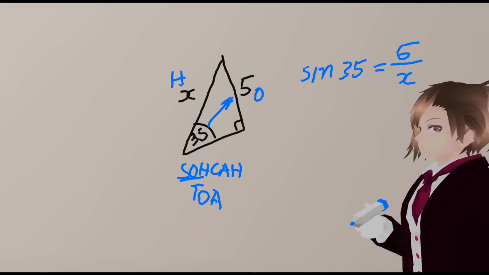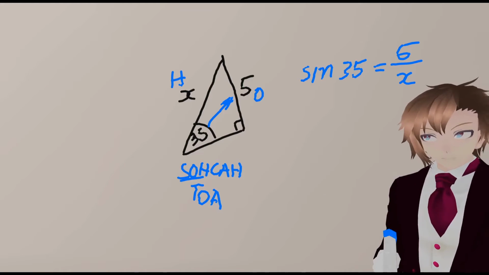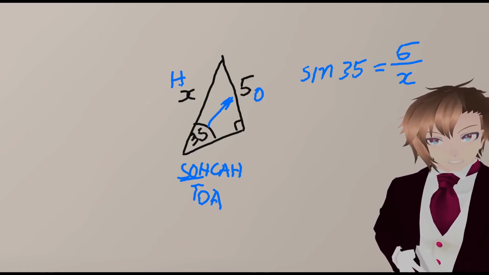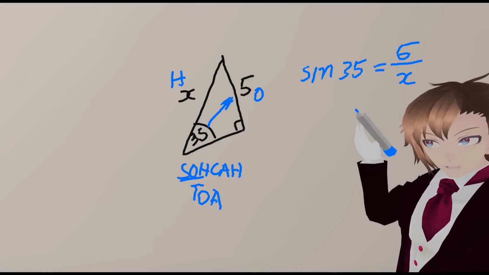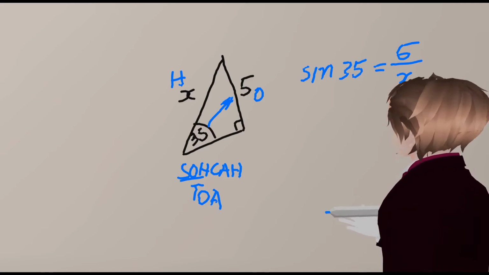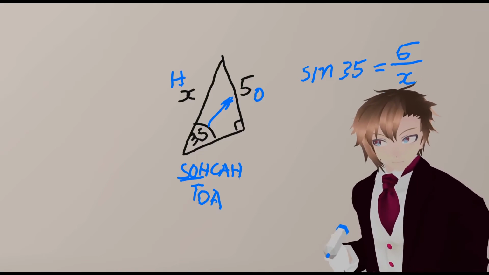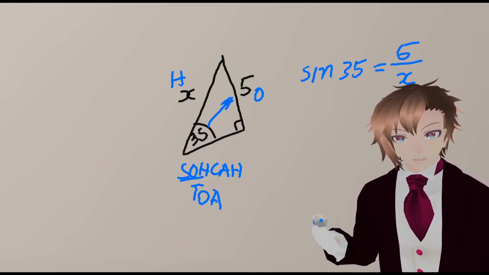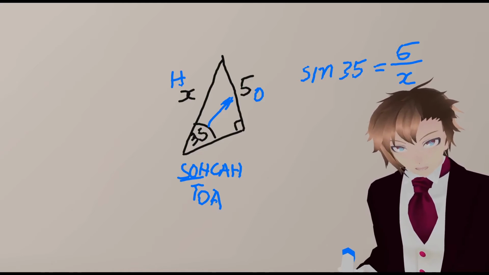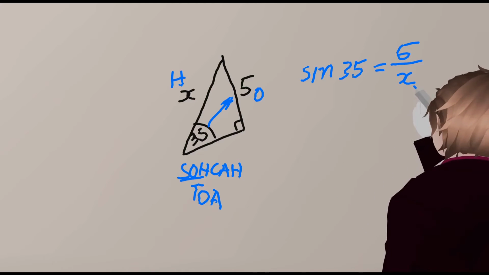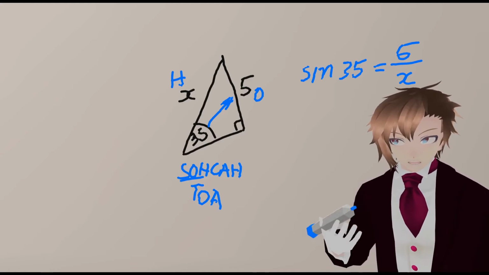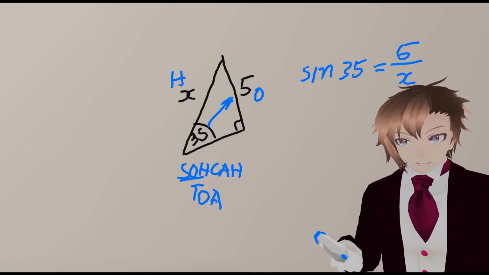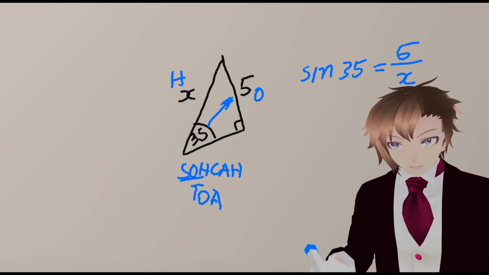Now, this time, our x is on the bottom. It's not on the top. But that doesn't make any real difference to trigonometry for our first step because we're still going to do the same thing. This 5 on the top, it's stuck up there. We have here 5 divided by x. Well, we didn't do anything with the 5. We have a divide by x, so the opposite of dividing by x would be timesing by x, but we have this 5, and we don't have anything to do the opposite to.